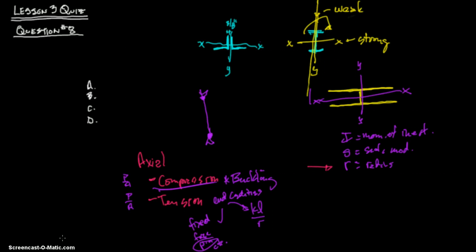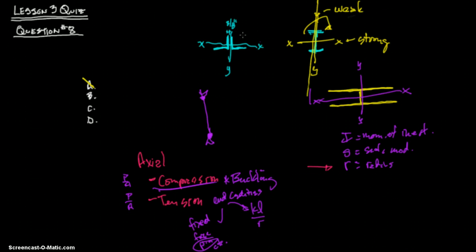Let's go over the question one more time. It says select the correct statement about double angle compression members in a steel truss. And we know that for compression, you need to look at your R. So it says the design is based on Rx. That's not necessarily true. It could be Ry as well. It depends which one is your weak axis.